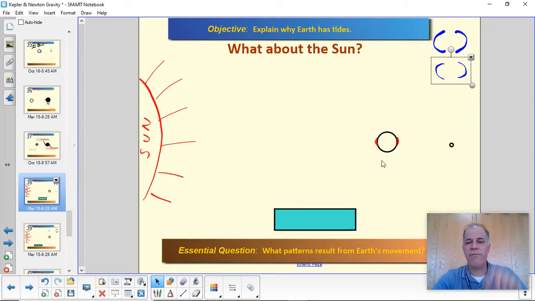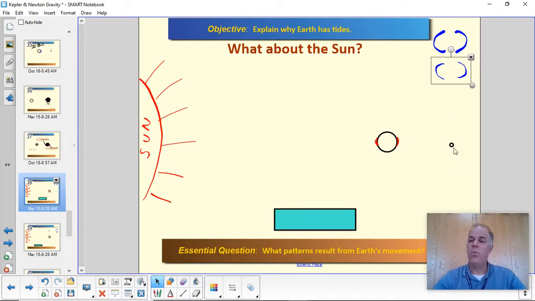So the percent difference between the near side of the Earth and the far side of the Earth is much less. So even though the sun's gravity is much, much stronger than the moon's gravity, you figured that out yesterday, the difference in the gravity is much less. So the tides that the sun produces are much less extreme, but they do exist.